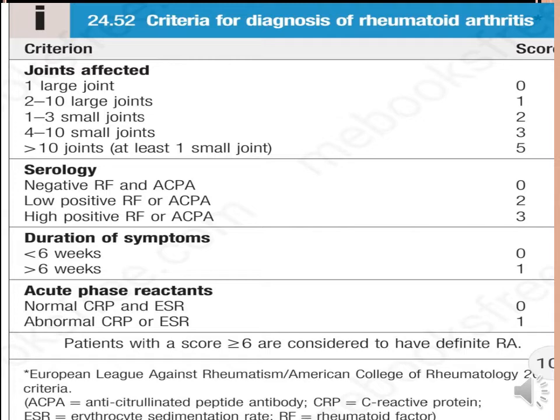If symptoms duration is greater than 6 weeks, then we give 1 point. And last, regarding acute phase reactants, if CRP and ESR are normal, we give 0 points, and if CRP or ESR is raised, we give 1 point. When we add the points of these 4 parameters, a score of 6 makes a diagnosis of rheumatoid arthritis.